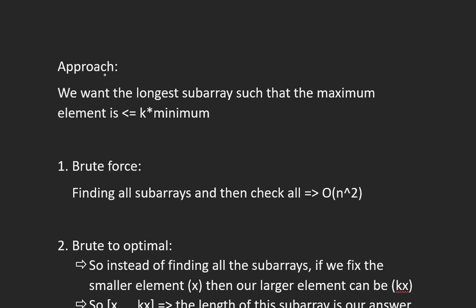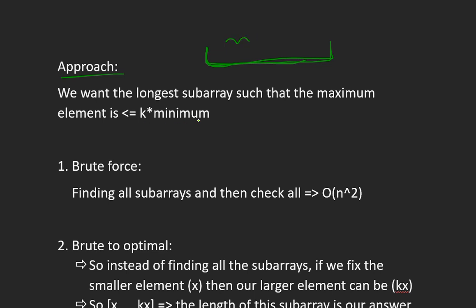If we simply modify our question statement, we have to remove elements such that the array left satisfies the condition that the maximum element should be less than or equal to k times the minimum element.